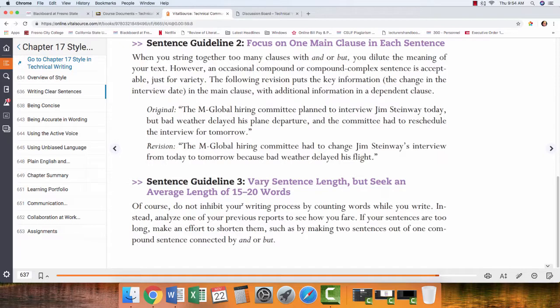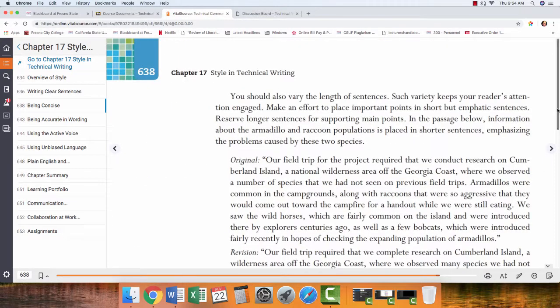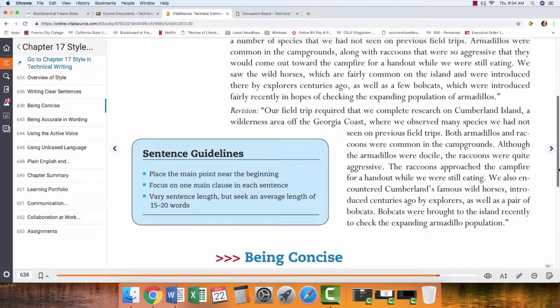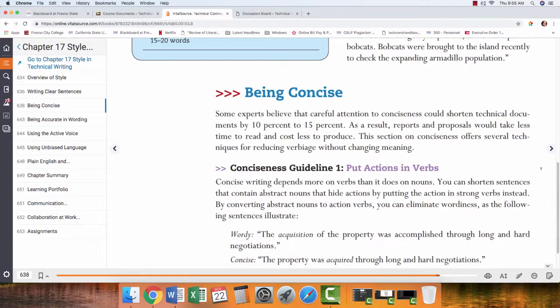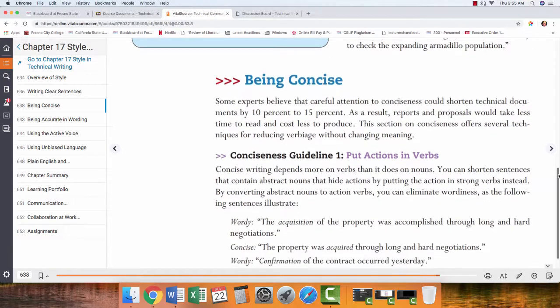Those long sentences, those belong to English literature people and philosophers and probably attorneys. Okay, so there we go. So there's just a whole bunch of really good advice in this chapter, and I think that you're going to enjoy the learning, and I think that it's going to benefit your style quite a bit.